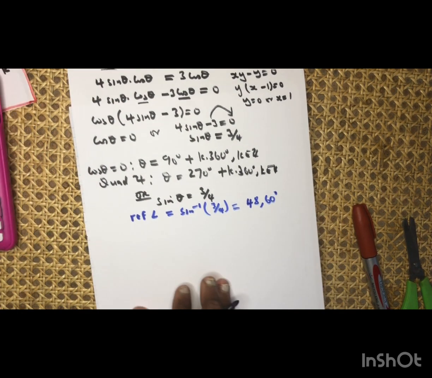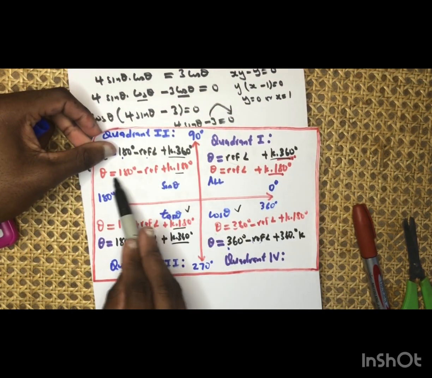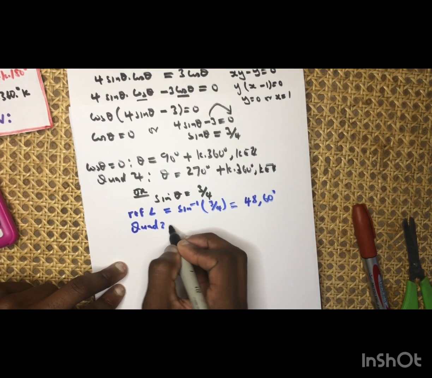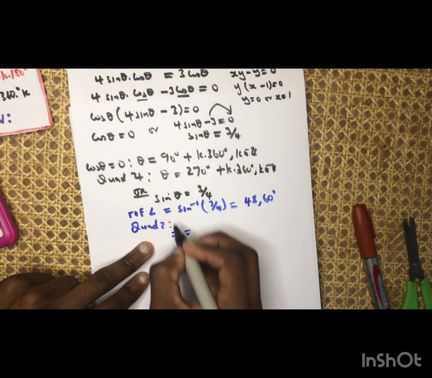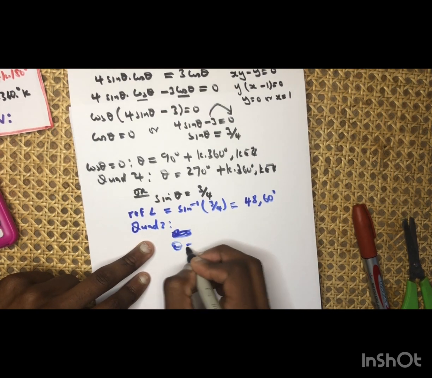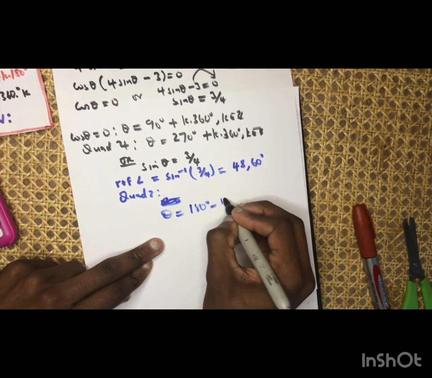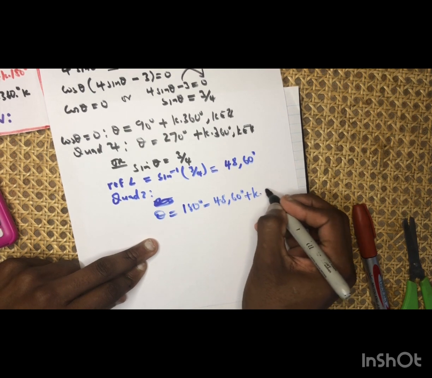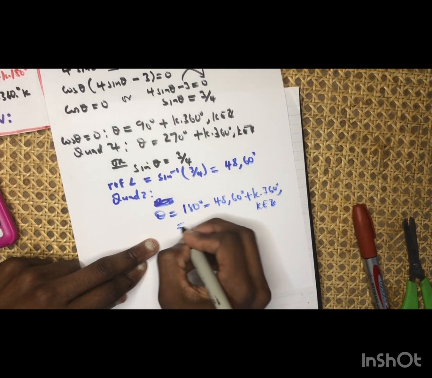So in this case, inverse sine of 3 over 4 is 48.60 degrees. So where do we find sine positive? We find sine positive in which quadrant? Second quadrant. So in quadrant 2, theta is equal to 180 degrees minus your reference angle, which is 48.60, plus your period, k times 360 degrees, where k is an element of integers.